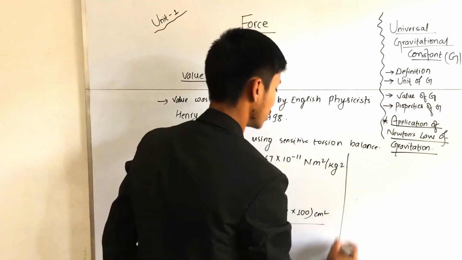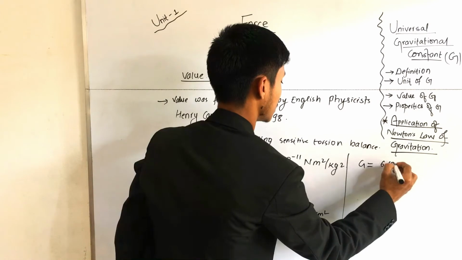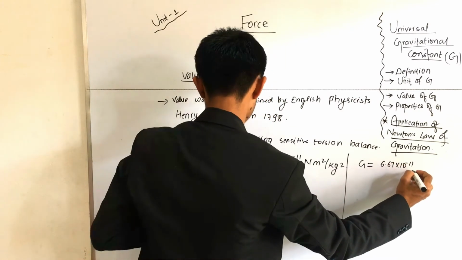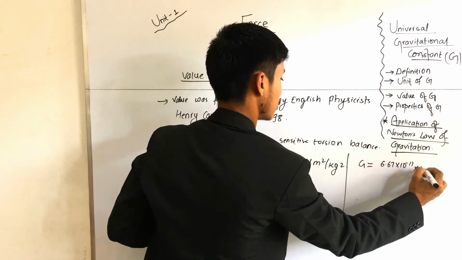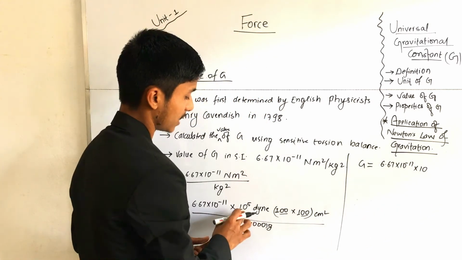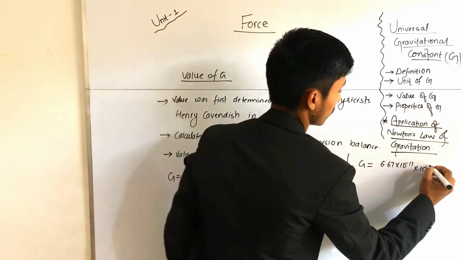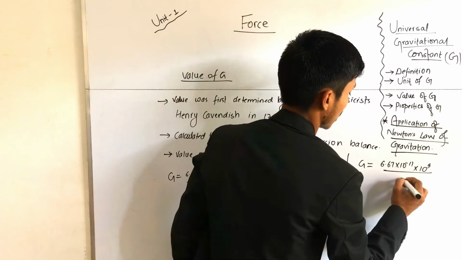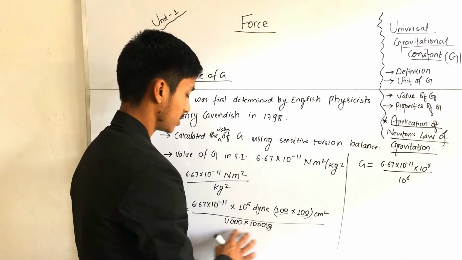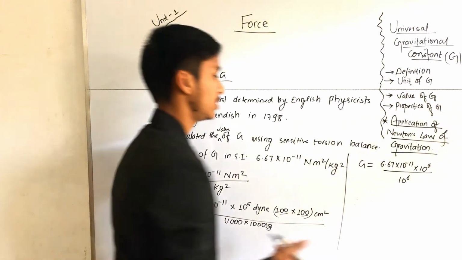Now we see here G is equal to 6.67 into 10 to the power minus 11, into 10 to the power 5, and 10 to the power 4, so 10 to the power 9 on top, and in the bottom 10 to the power 6, because when we convert this into scientific notation we get 10 to the power 6 in the denominator.